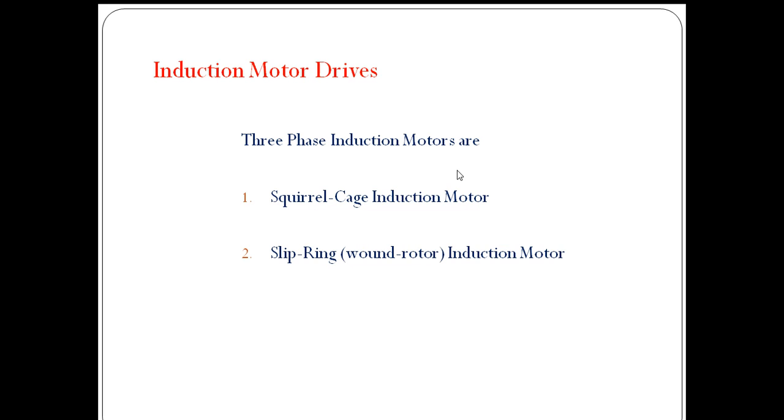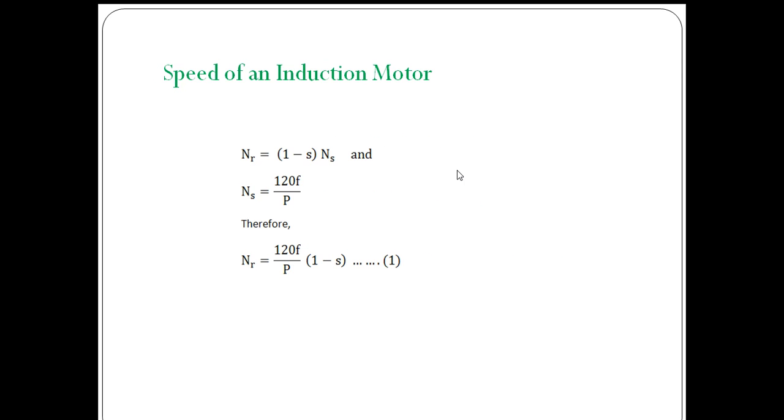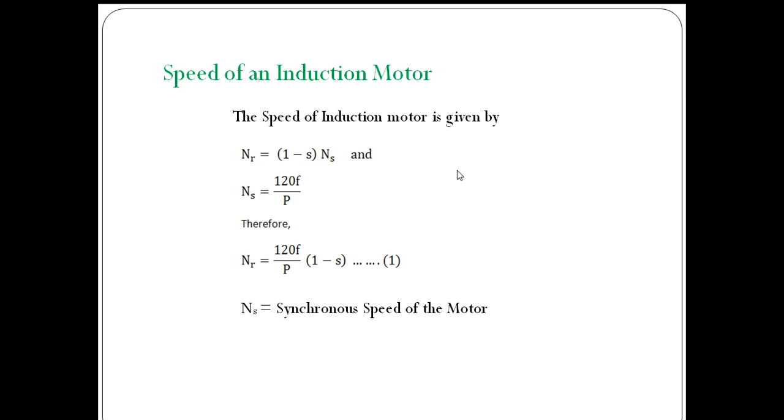These are a few advantages of induction motors, and the expression for the speed of induction motor is given as Nr equal to Ns into (1 minus S), where S is the slip of the induction motor, Ns is the synchronous speed, and Nr is the rotor speed of the induction motor.